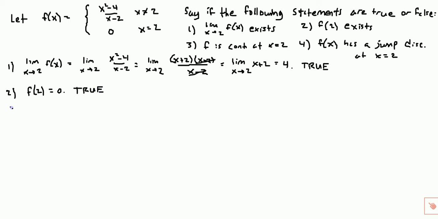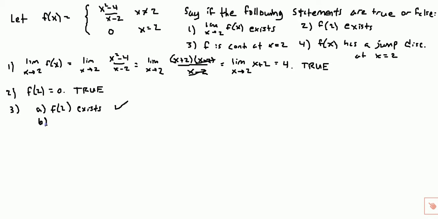The third statement, f is continuous at x equals 2. So for this one, we need to remember the definition of continuity. Remember, it's got 3 different criteria. A, we have to have f of 2 exists. Well, in the second part of our question, we just showed that f of 2 exists. So that checks out.